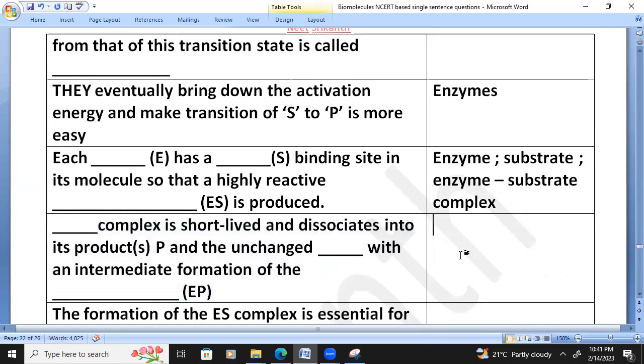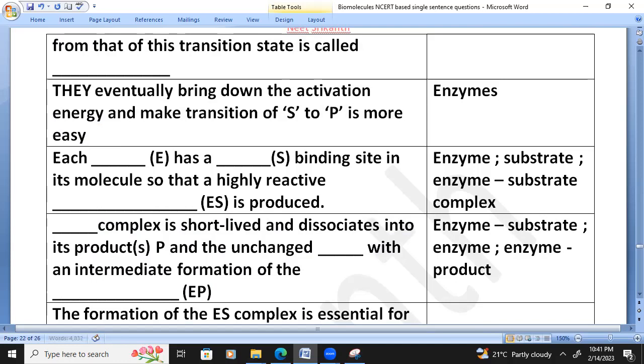The enzyme substrate complex is short-lived and dissociates into its product P and the unchanged enzyme, with an intermediate formation of the enzyme product complex.